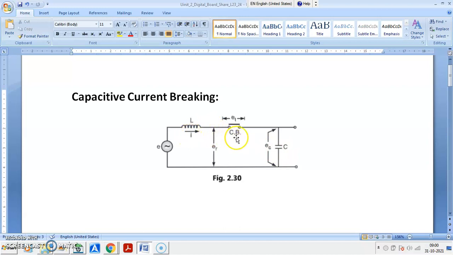So this is the current flowing through the circuit, and this is E. When you open the line, it is a fully capacitive line, so I lags behind E by 90 degrees and E is maximum when the line is opened. So the capacitor is charged to the maximum value, that is E. Here EC is the voltage across the capacitance.